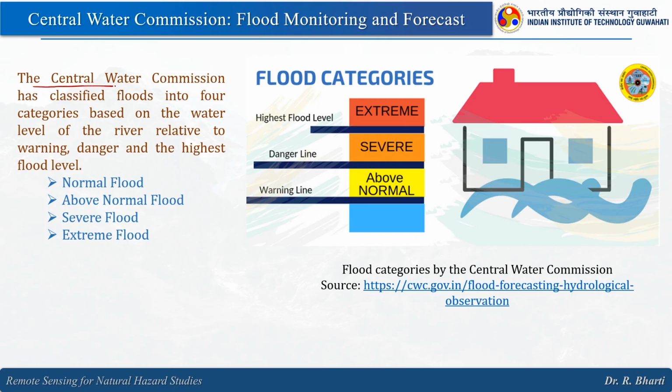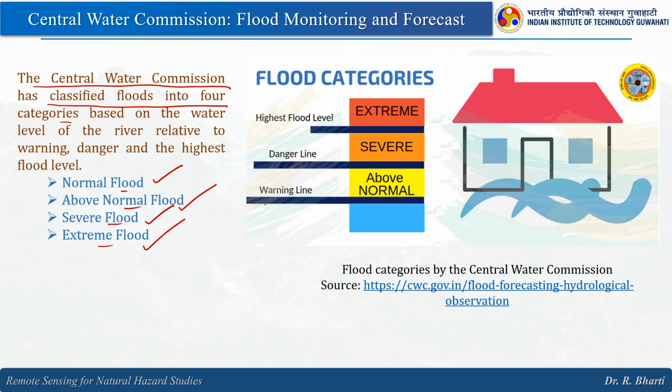So the Central Water Commission has classified floods into 4 categories. So first one is normal flood, then above normal, then severe, then extreme flood. So based on the water level, they decide whether it is normal or above normal or severe or extreme, right.